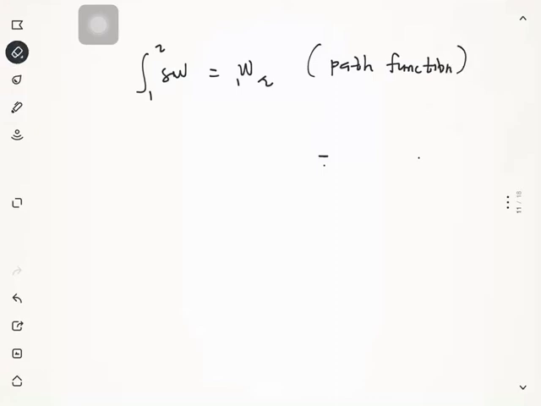So we define what is path in our previous discussion. So from state 1 to state 2, work from 1 to 2 is done by a force moving through a distance. So this work 1 to 2 is equivalent to the integral of F dx from 1 to 2.